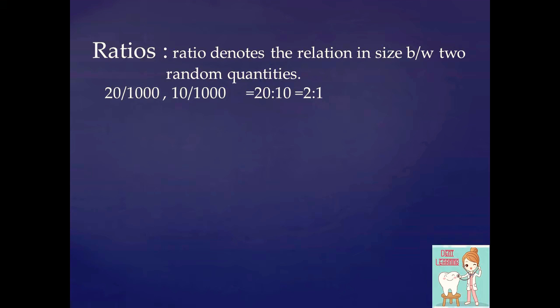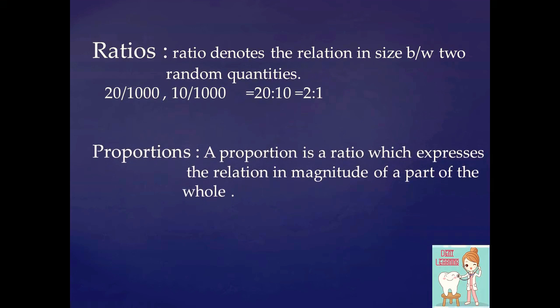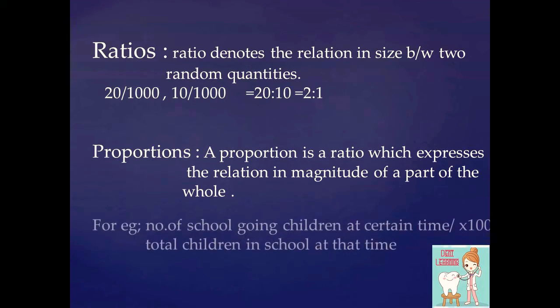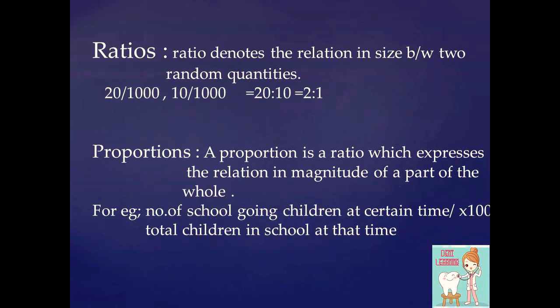Whereas in proportions, a proportion is a ratio which expresses the relation in magnitude of a part to the whole. The numerator will always be a part of the denominator, and we will generally use this formula to calculate proportions: number of school-going children with dental caries at a certain time, divided by total number of children in that same school at the same time, into 100.